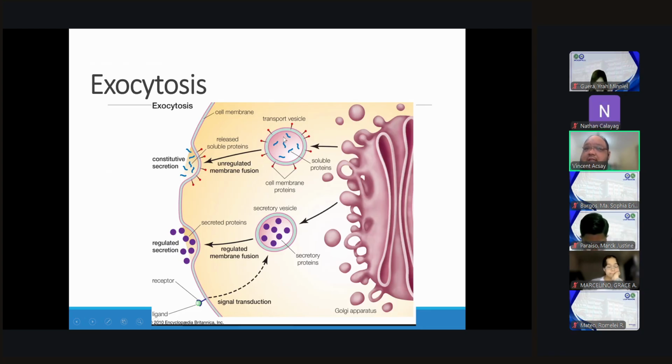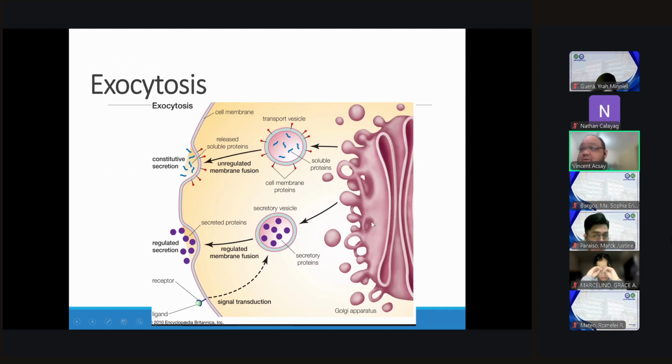It can move proteins and lipids that will bind to the new layer, or the vesicles can contain components made from inside the cell that have to be released outward.